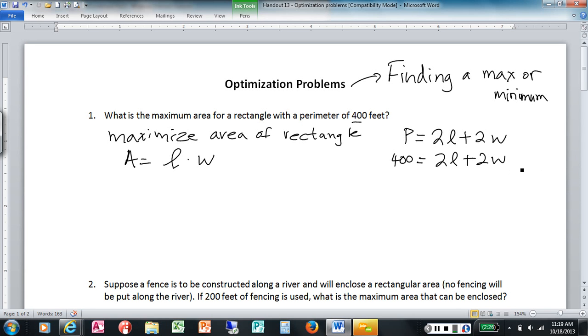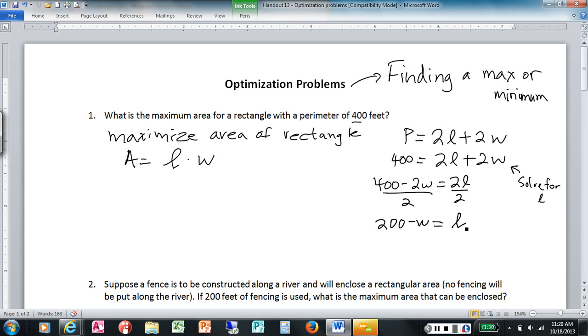All right, so let's solve this one for L. So I'm going to subtract 2W here. Then divide by 2. And so L is going to be 200 minus W, isn't it? 400 divided by 2 and 2W divided by 2.